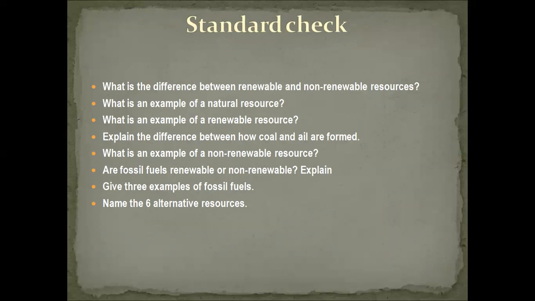Now here comes the standard check for the topics which we have covered. What is the difference between renewable and non-renewable resources? What is an example of a natural resource? What is an example of a renewable resource? Difference between how coal and oil are formed.